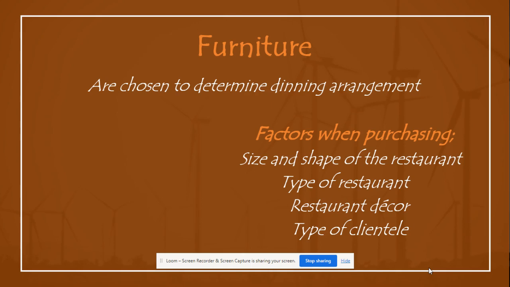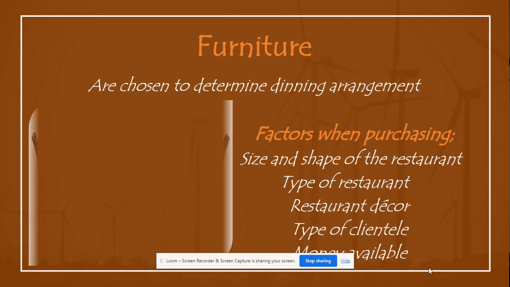Maybe it is a meeting. Then the type of clientele, and finally the money you have available. The amount of funds you want to spend on furniture will also determine the kind of furniture you want in relation to its finishing.